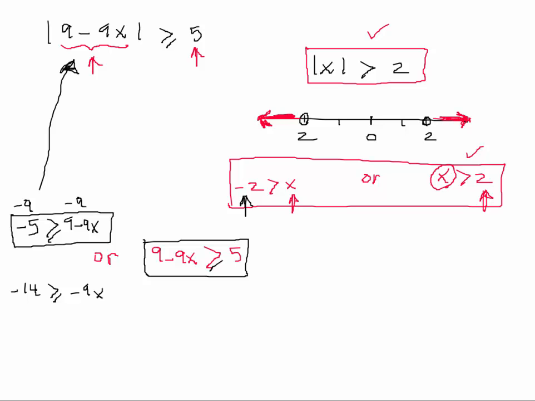And then we have to divide both sides by negative 9, so I have to change the direction of inequality here again. So here we get minus 14 over minus 9. So it would be x is less than or equal to 14 over 9.